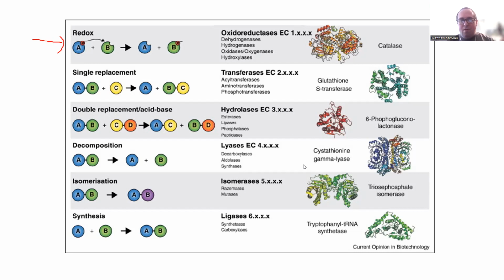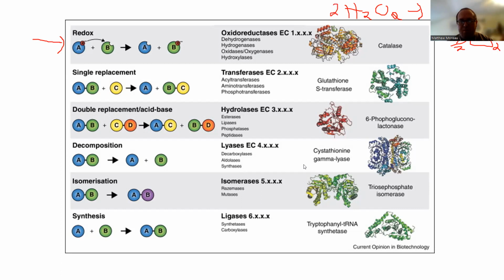We're just chemically converting things. One of the biggest classes of this is oxidoreductases. One of the biggest examples is catalase. Catalase converts hydrogen peroxide, reducing hydrogen peroxide to water and half a diatomic oxygen.